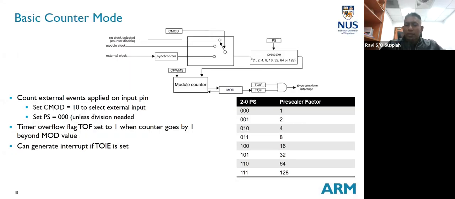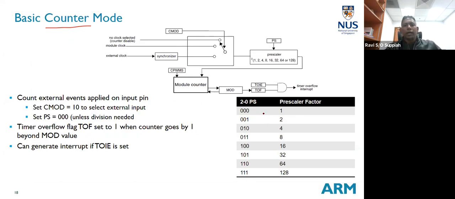So this is the basic counter mode over here. If I want to count external events, in counter mode you are trying to count external events. So I need to set it to 10 to select external input, and prescale 000. This prescale factor is again in certain bit configuration, so there are 3 bits out of a particular register.